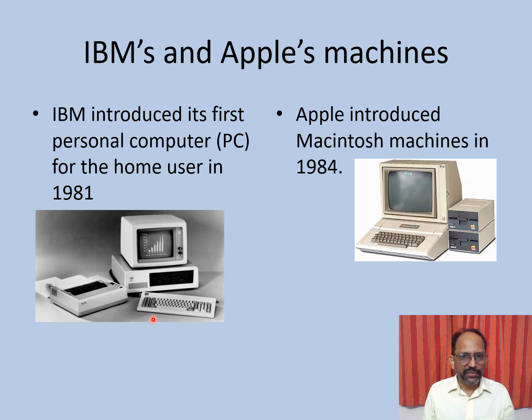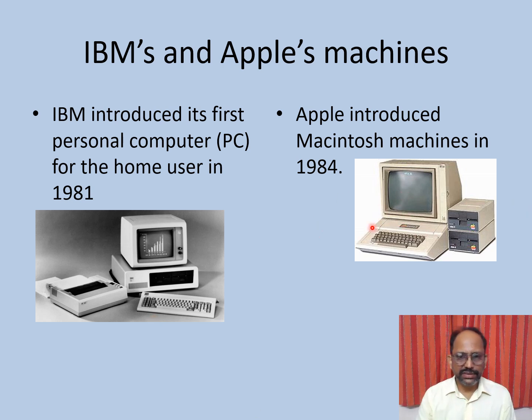The computer was popularized because of these two important types of computers. One is IBM's PC, introduced in the year 1981, and the other is Apple's Macintosh machines in the year 1984.